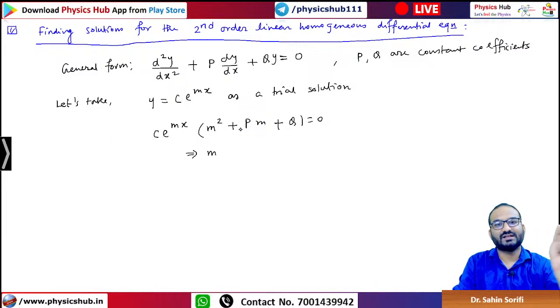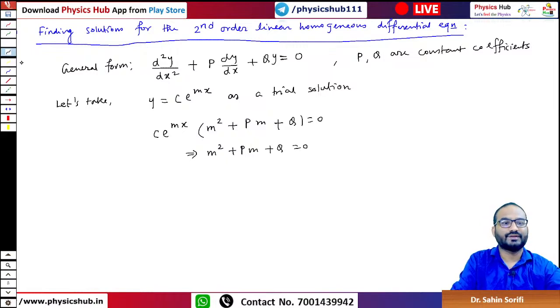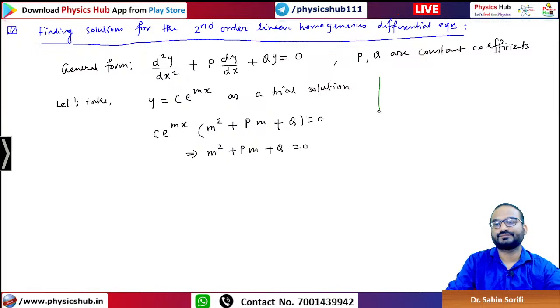This word trivial will appear many times. So m square plus pm plus q equals 0. For your convenience, I am just writing it here. Trivial means zero. Non-trivial, non-zero.